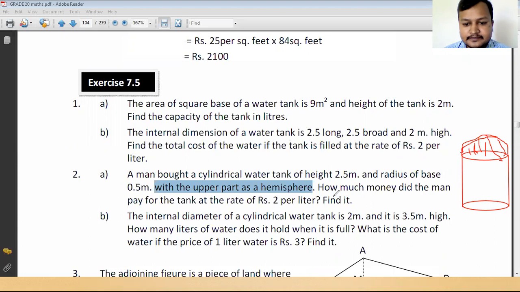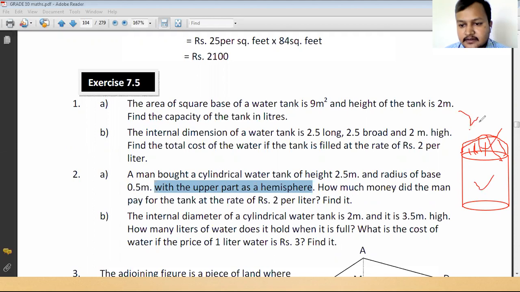And the question is, how much money did the man pay for the tank at the rate of ₹2 per liter? ₹2 for 1 liter. So we have to find out the volume of this water tank, which is made up of one cylinder and one hemisphere.